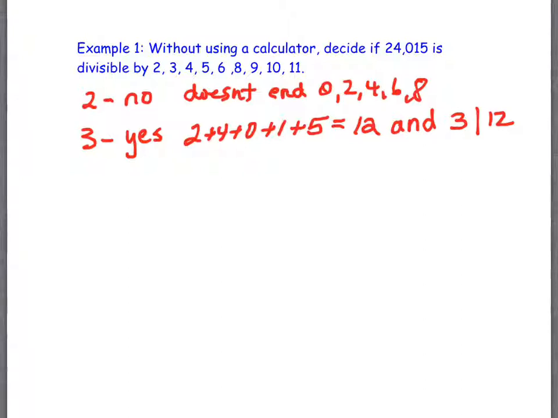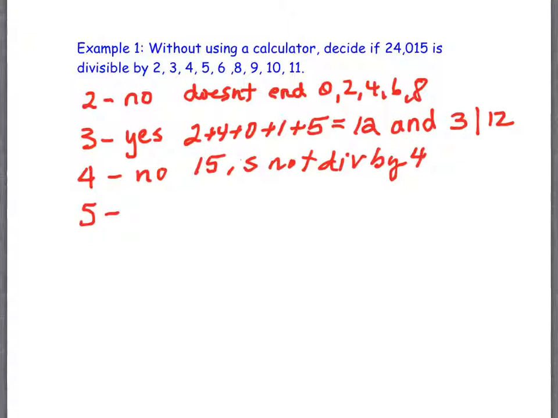How about the number 4? No. Why not? 15 isn't. Right, 15 is not divisible by 4. That's all you have to check, right? In fact, the very fact that it's not even already means it can't be divisible by 4. It wasn't divisible by 2, so there's no chance it's going to be divisible by anything even.